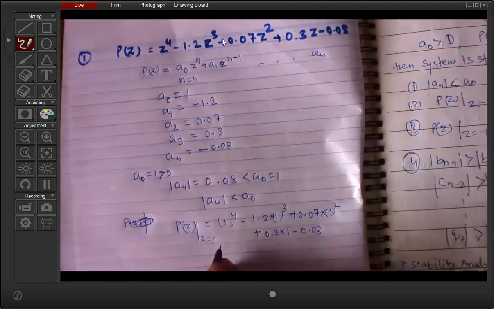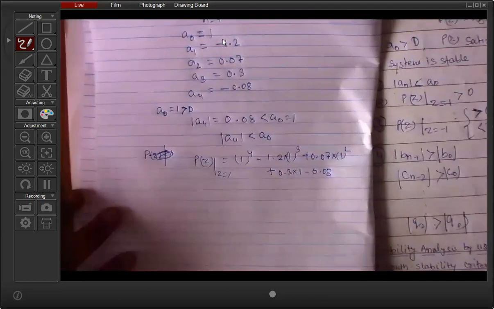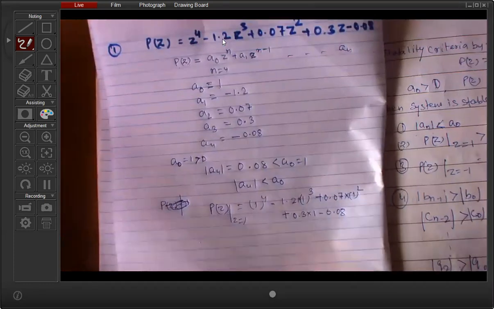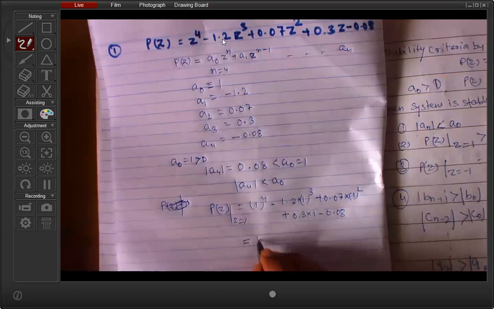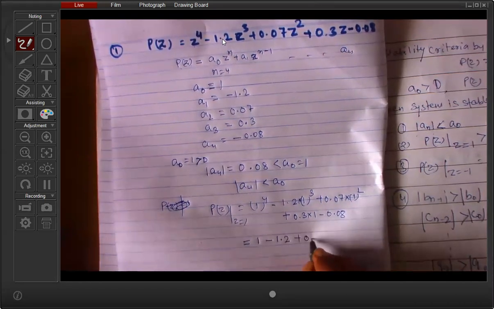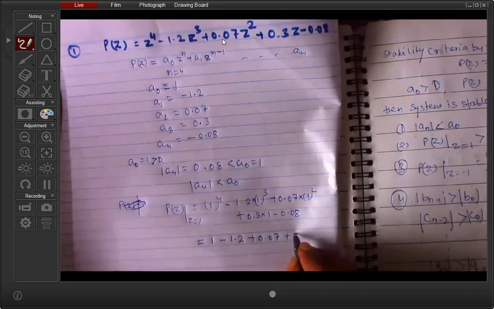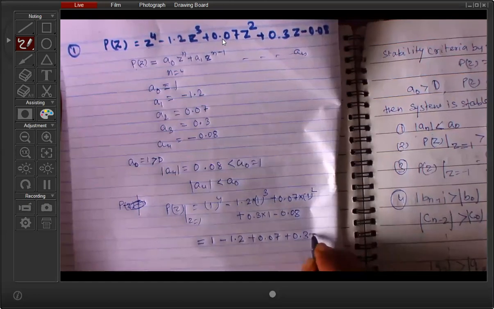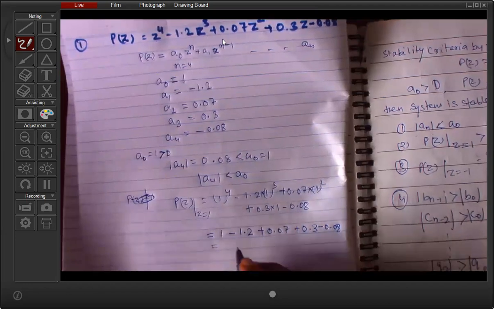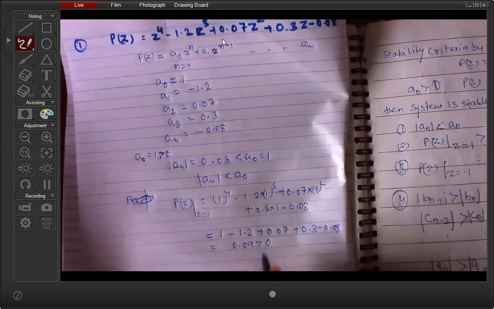यस अनु दिख रहा है ये? Yes, sir. तो इसका मैग्नीट्यूड कितना हो जाएगा? 1 माइनस 1.2 प्लस 0.07 प्लस 0.3 माइनस 0.08. तो इसका मैग्नीट्यूड कितना आएगा? 0.09. सो वो 0 से बड़ा है.